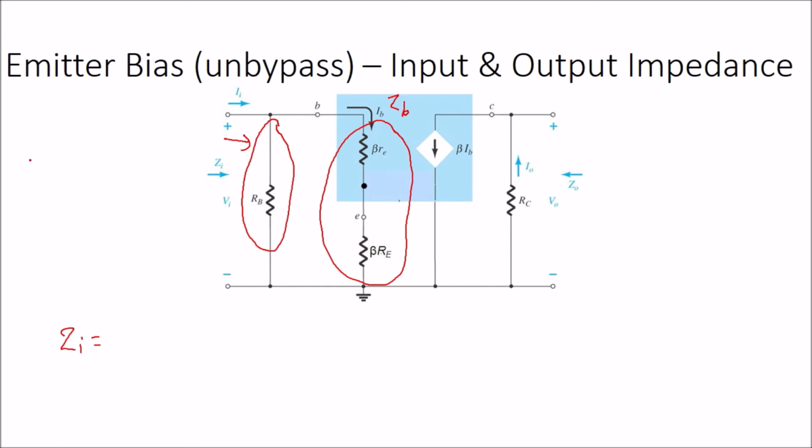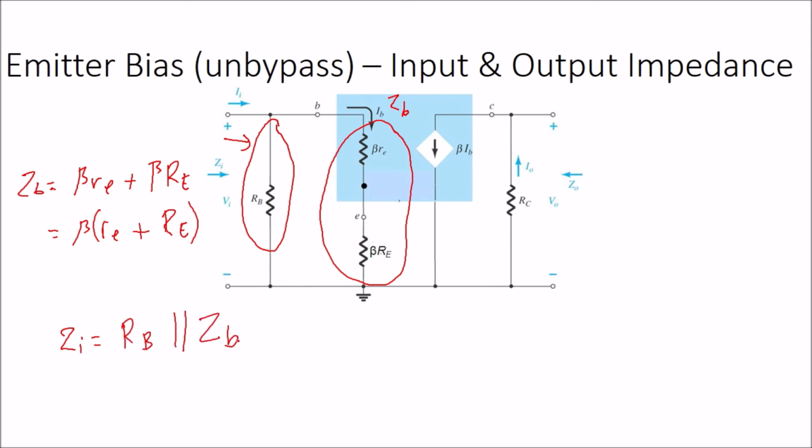The value of ZB is equal to beta RE plus RE, capital letter. So just simplify this representation: beta RE plus RE. So Zin is equal to RB parallel with ZB. This is the input impedance.